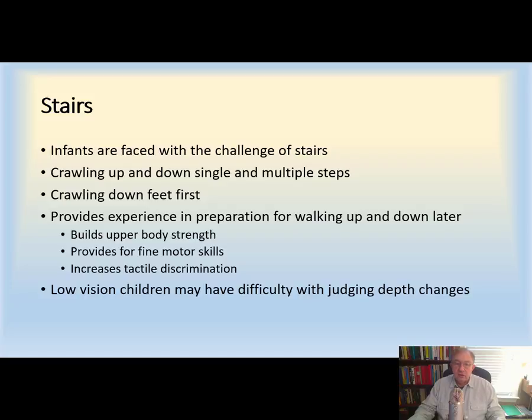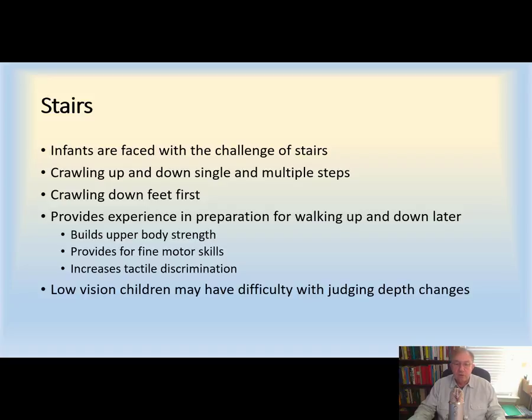And if they're crawling down the stairs, they should be crawling down feet first to prevent really tumbling head over. And this gives them good experience as well in preparing them later for walking up and down the stairs. It builds upper body strength. It provides for fine motor skills. And it increases their tactual discrimination.